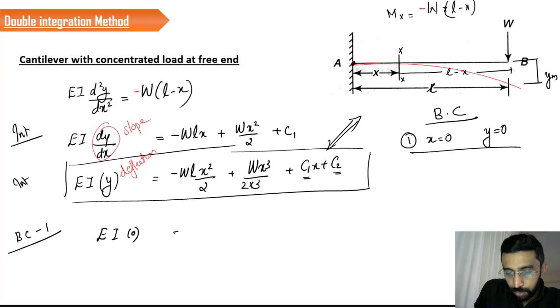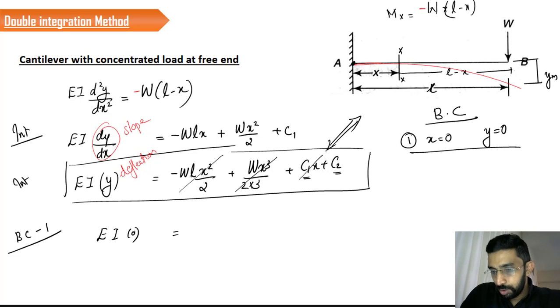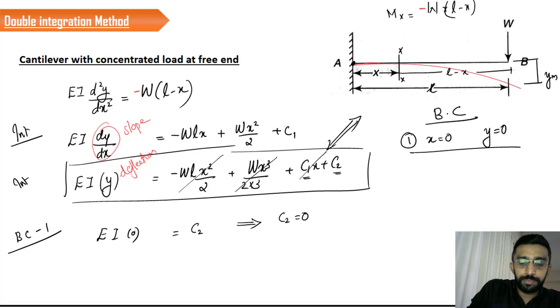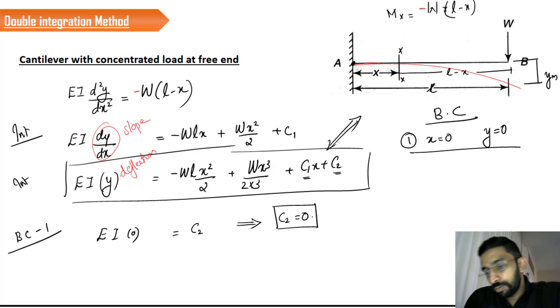EI into 0 equal to, this term is going to be 0, this is also going to be 0, this is also going to be 0, and finally we get C2 equal to 0. Right? So that is the first value we got. Now the question is, what should be the second boundary condition?